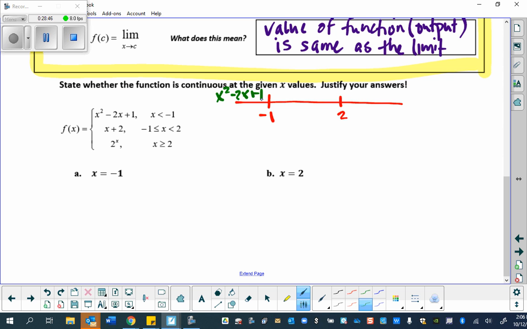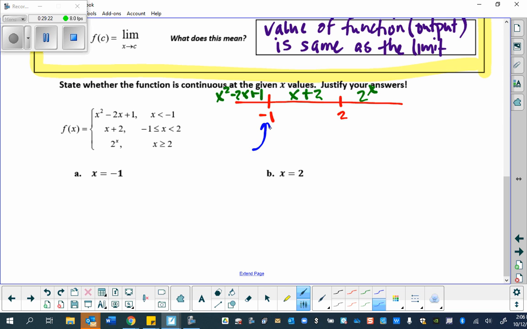If it's greater than or equal to -1, but less than 2, that's the function I'm using. If it's greater than or equal to 2, that's the function I'm using. If I want to see if it's continuous, I need 3 pieces of information. I need to know the limit from the left, the limit from the right, and the value of the function at that spot.